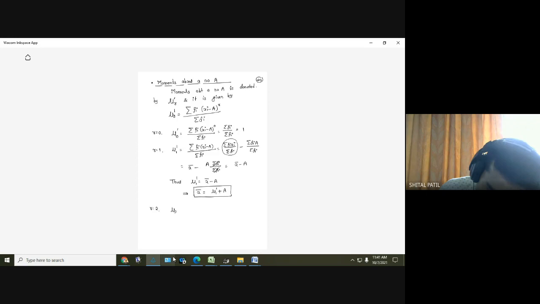That will give mu 2 dash equal to summation of fi xi minus A squared divided by summation of fi.